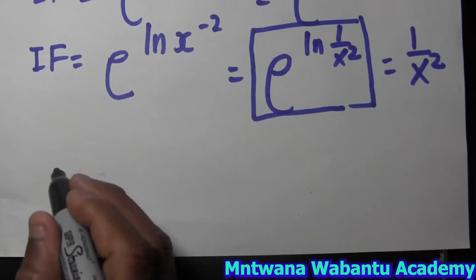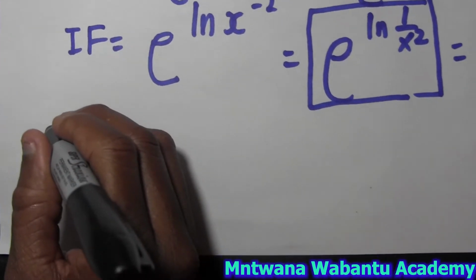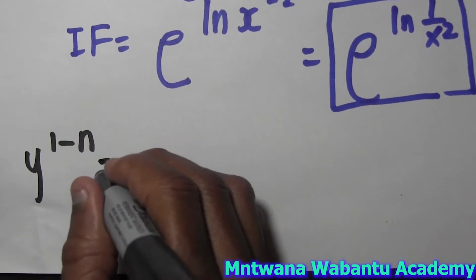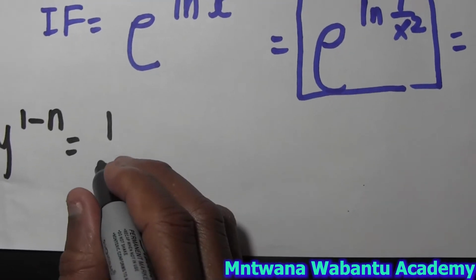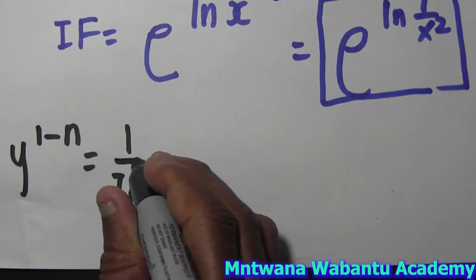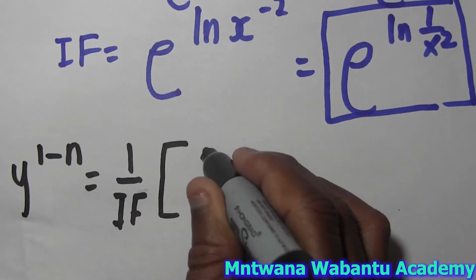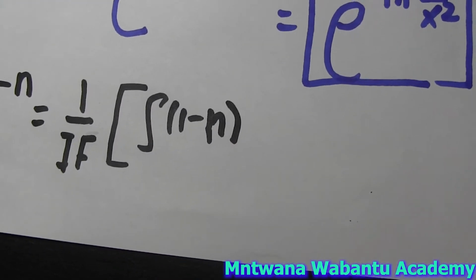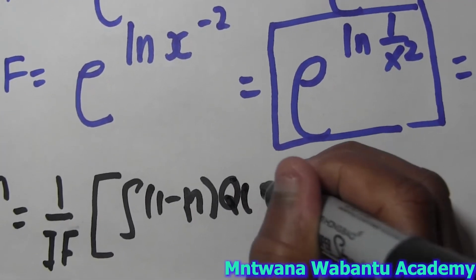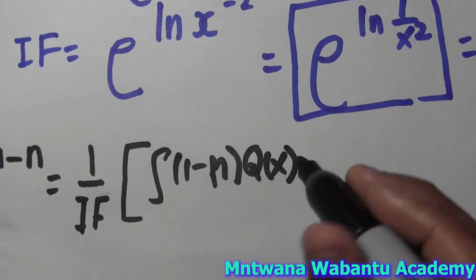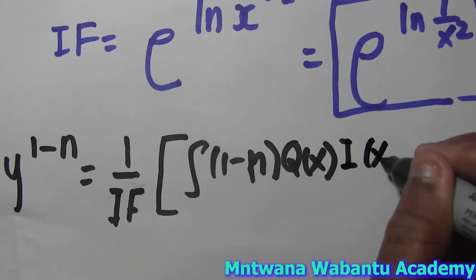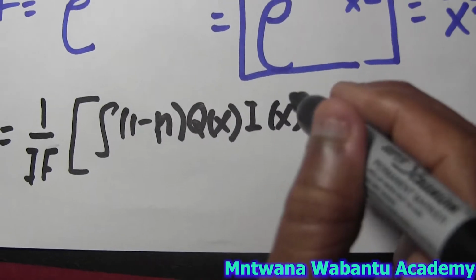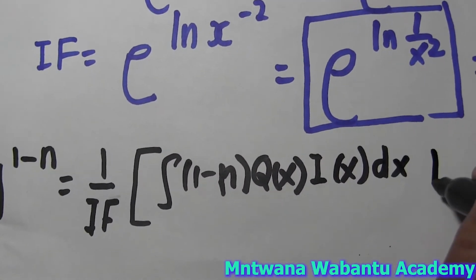There's a general formula you memorize. For Bernoulli, y to the 1 minus n equals 1 over your integration factor, times the bracket of the integral of 1 minus n, q of x, multiplied again by the integration factor, d of x, plus your constant. This is a formula you just memorize.